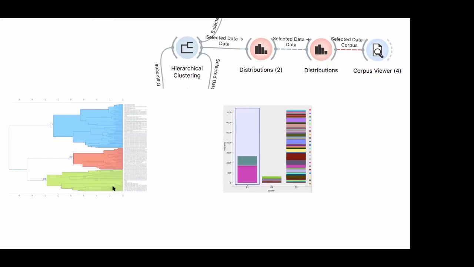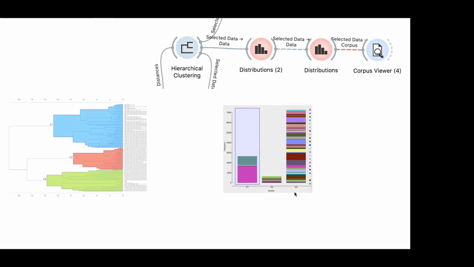Let's say I use 3 clusters here, and I get a distribution table that shows me that this cluster has this headline. Let's say it's not the headline, it's a text that bears this headline, and these texts that bear this headline are clustered together.